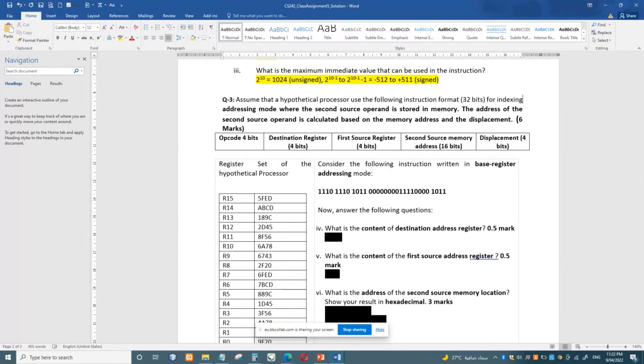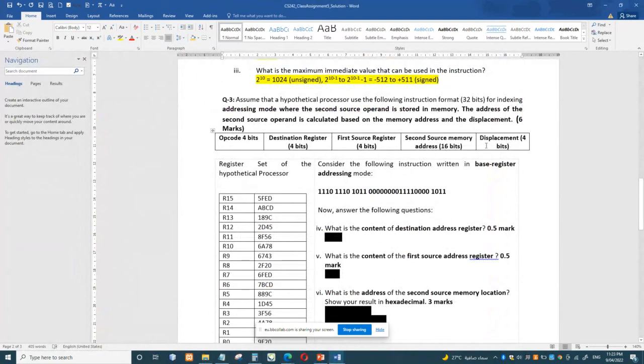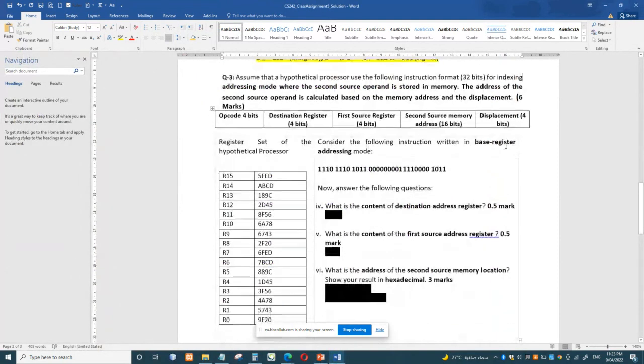Can you remember what happens in the case of indexing? The address field references a memory location, the address of the memory location, and the reference register contains a positive displacement. So the register basically contains the positive displacement. So displacement is 4 bits. I think there is a mistake in this question.